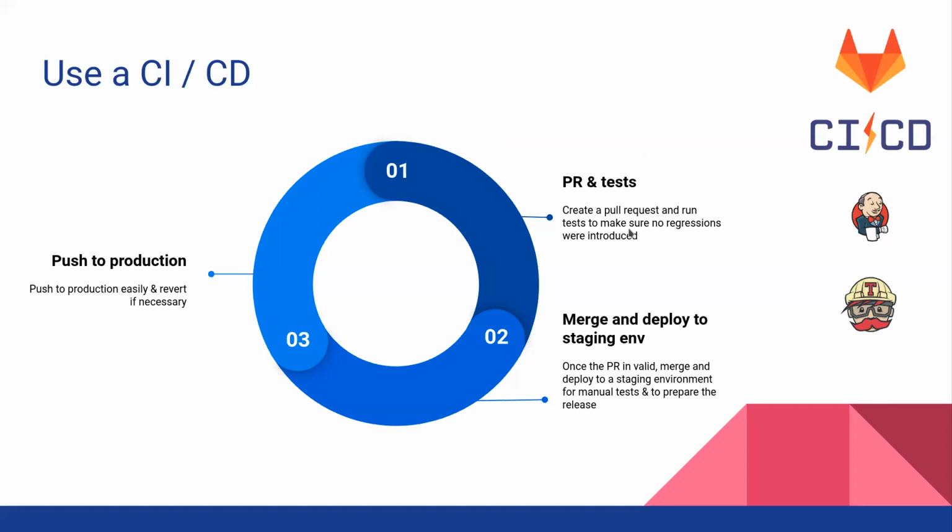So this will make sure that when your code is merged to a common branch, this branch has to be functional and it can be pushed to production at any time.